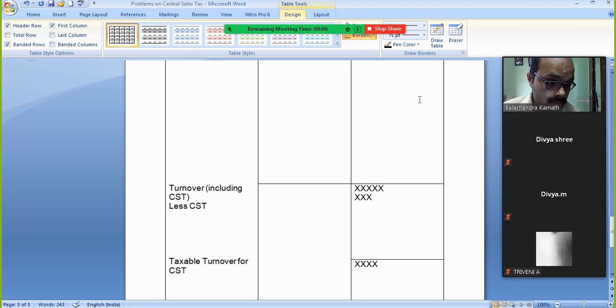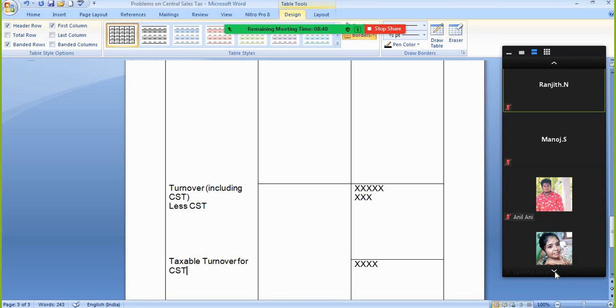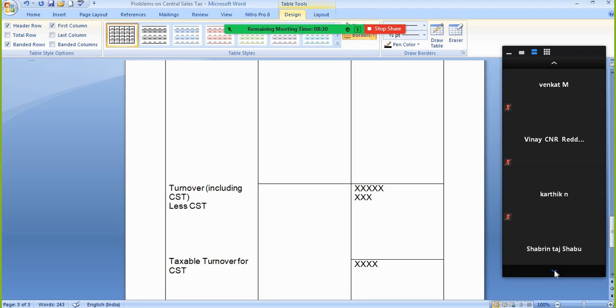You ask the question right now, and after that I'll go to the problem of Mrs. Vasudha. Anyone has any questions? Aishwarya, Ranjit, Rojalin, anyone has any questions? Ajit, Usha, anyone? Shabrin?